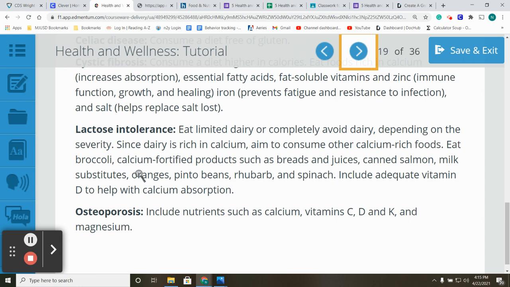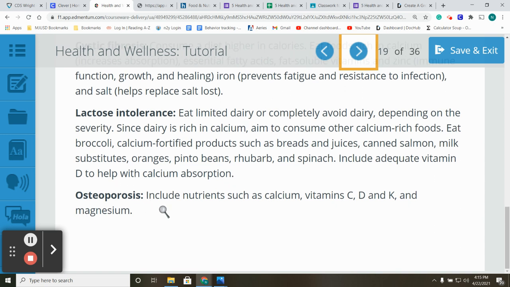Eat broccoli, calcium-fortified products, such as breads and juices, canned salmon, milk substitutes, oranges, pinto beans, rhubarb, and spinach. Include adequate vitamin D to help with calcium absorption. Osteoporosis: include nutrients such as calcium, vitamin C, D, and K, and magnesium.